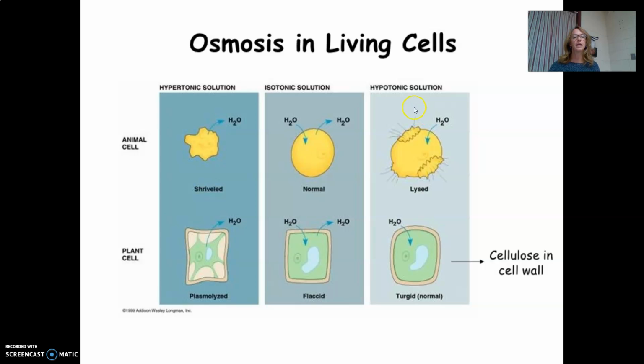If your cells are in a low salt solution, water will go into the cells where it's saltier, and then your cells can actually explode. So this first example would be a picture of you just drank a lot of salt water, okay? You were thirsty, but you drank salty water. All the water leaves your cells, and you actually get dehydrated. That's why you die if you drink ocean water.